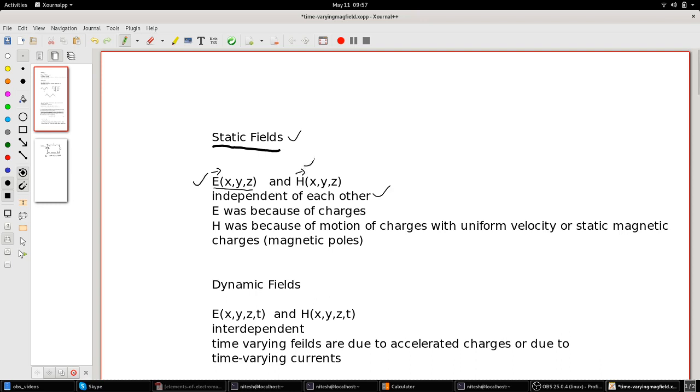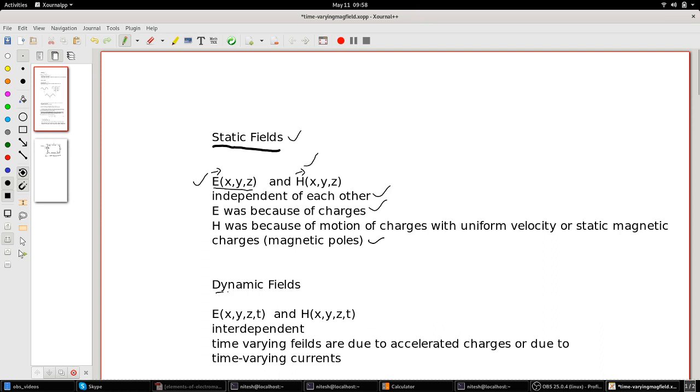H is created mostly when the charges start moving, right? So they depend on the behavior of the charge, whether it is stationary or moving. So H, like E was because of charges, H was because of the motion of charges with uniform velocity, or static magnetic charges, right?